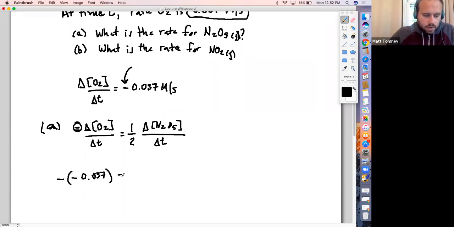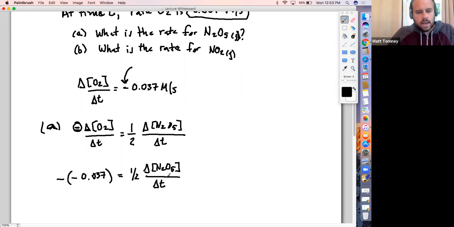And then that would be equal to 1/2 the delta N2O5 over time t. All right, so the only thing I have to do then to find the concentration at an instantaneous point here is get rid of this half so that I can isolate this equation by itself.